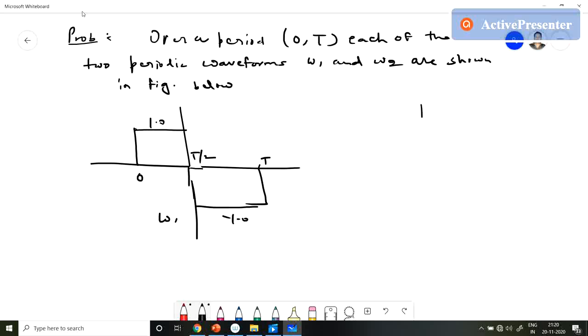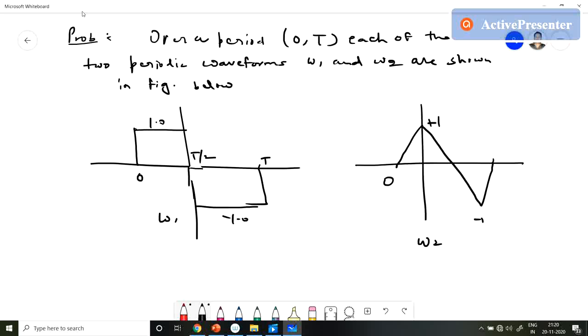Another waveform is W2, which is somewhat triangular, with an upper and lower triangle, with levels plus 1 and minus 1, and T by 2 and T on the axis.